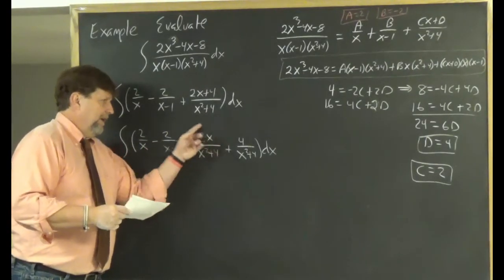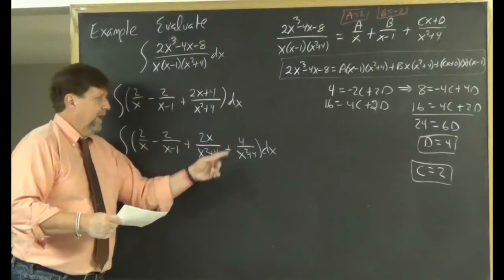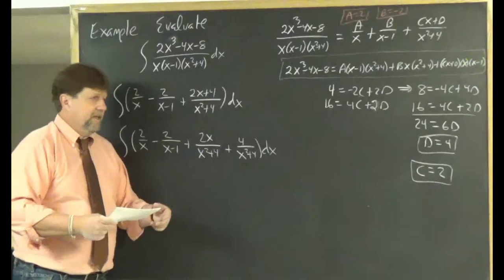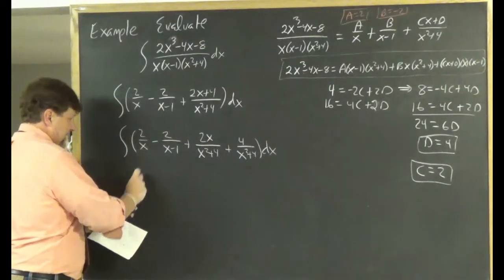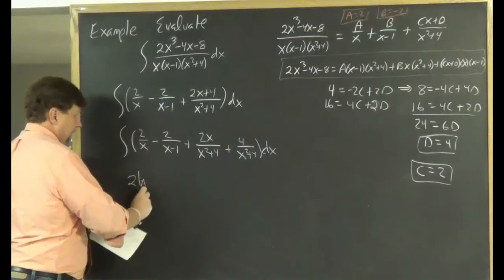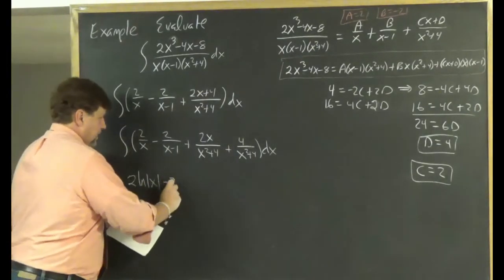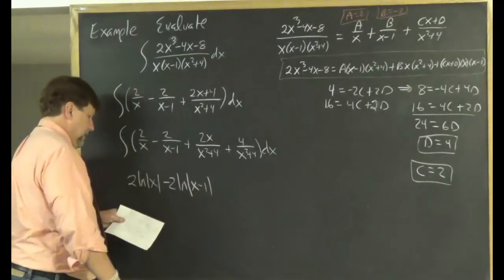I can evaluate this integral with a very basic u substitution. This one here is inverse tangent. So I get, as an antiderivative, like I said, this is easy, 2 natural log absolute value of x. This was easy, 2 natural log absolute value of x minus 1.